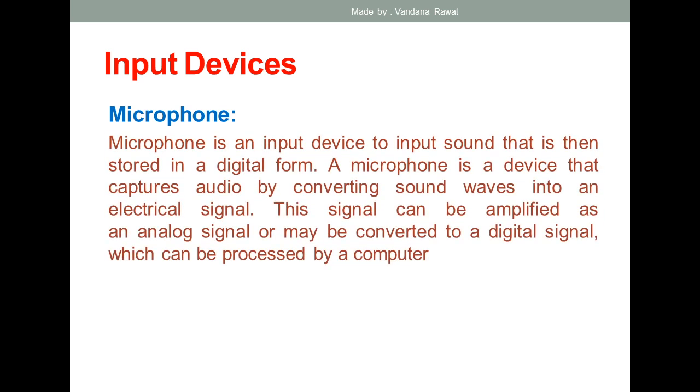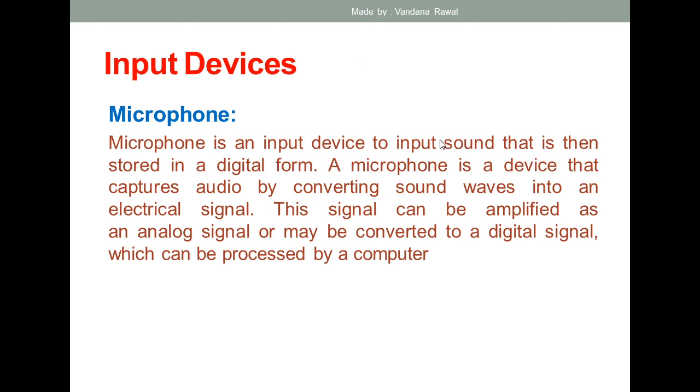So the microphone is an input device to input sound, which is then stored in digital form, because sound is first of all in analog form. Whatever I am saying is in analog form, a wave in analog form. Then it is converted with the help of the computer into digital sound.